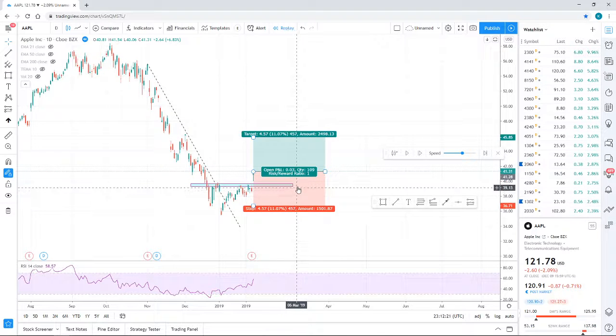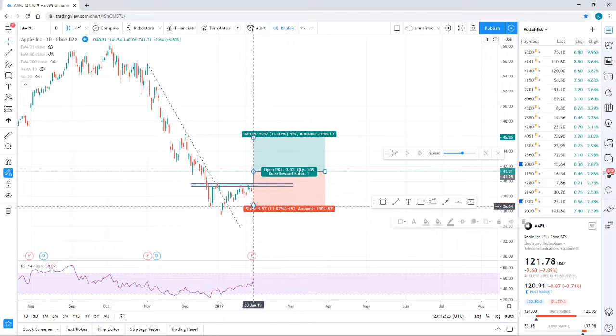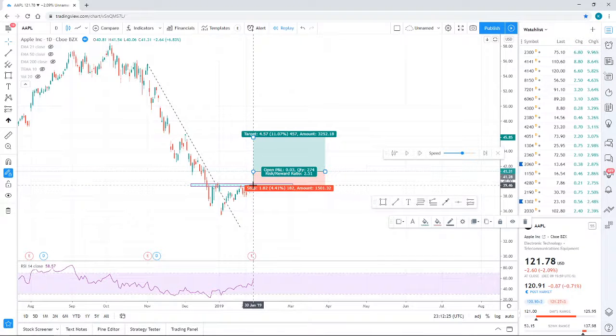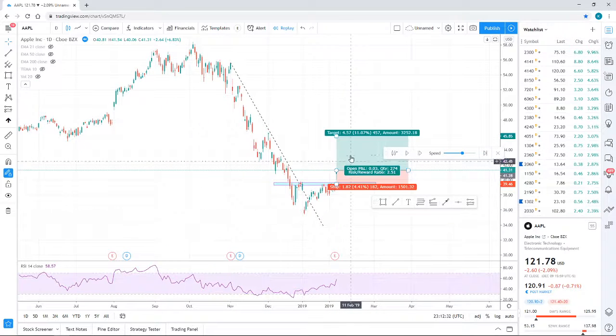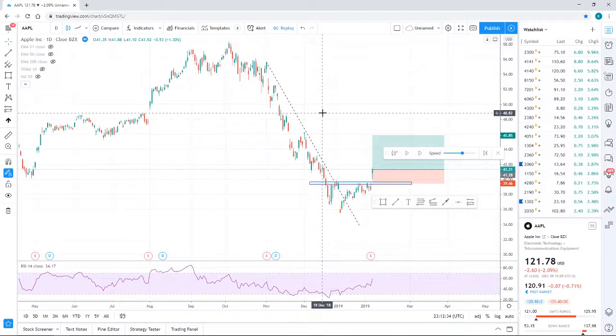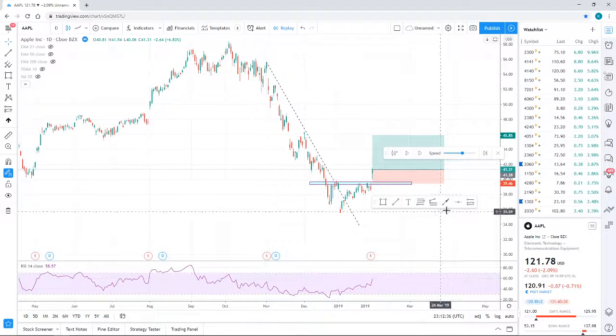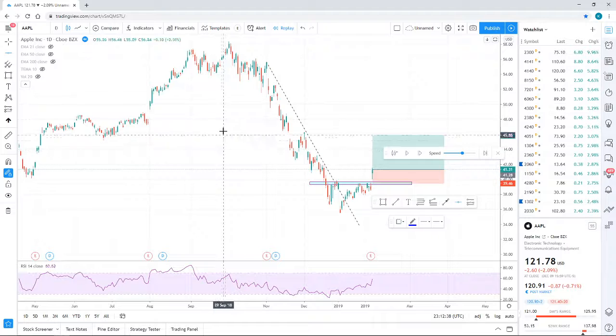The stop loss, for me, I always place it just below the market structure over here in this resistance level, and your target profit should be on the next market structure in front of you. So let's look a little bit to the left and see if any clear resistance or support line we can identify here.